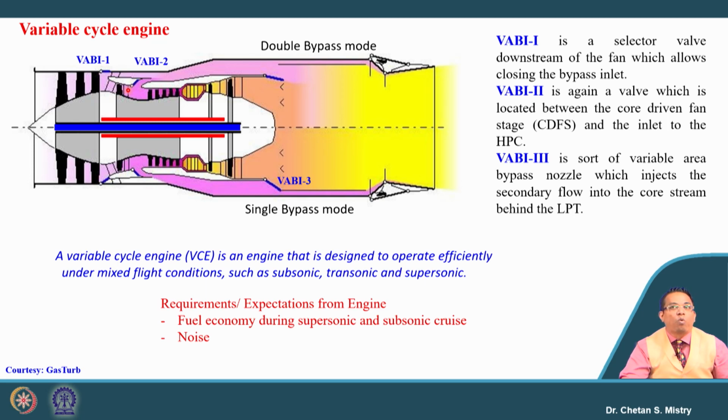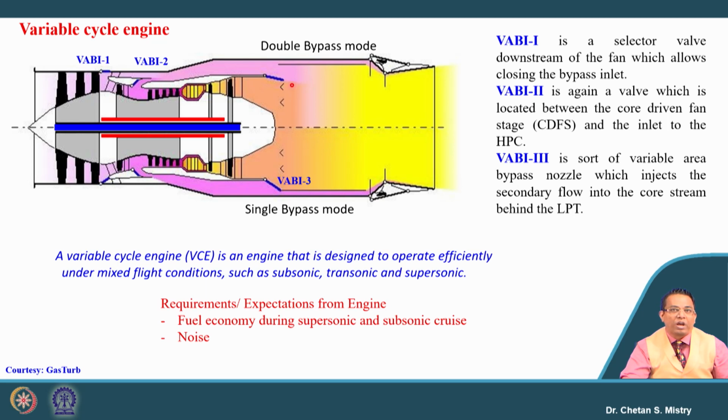It is called a core driven fan. It is a two-spool configuration where the LP turbine is used to rotate this fan, and the HP turbine is used to rotate the HP compressor as well as this fan. We have VB3, the variable area bypass nozzle, which is used for mixing the bypass duct flow and the core flow in some region.